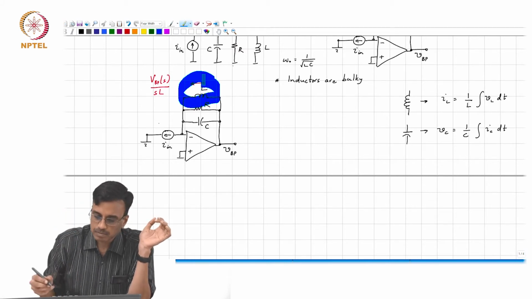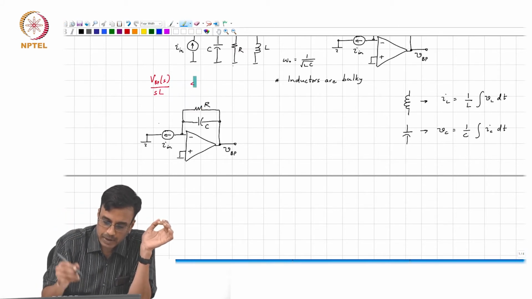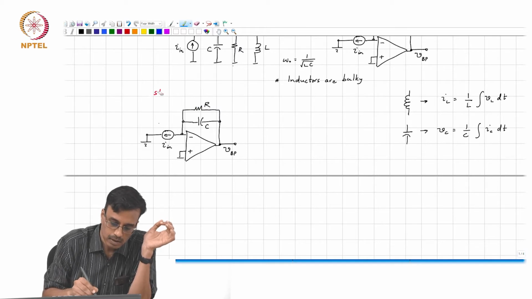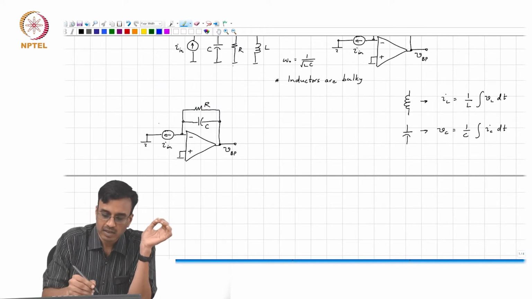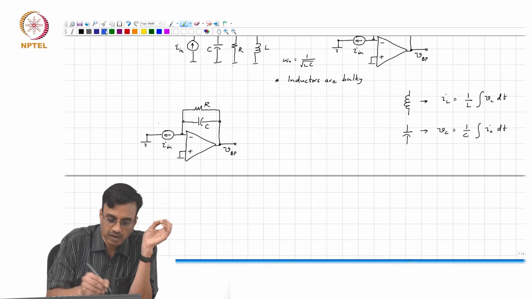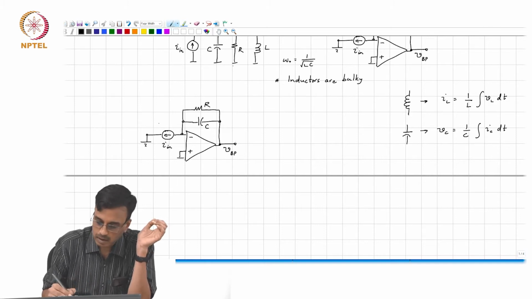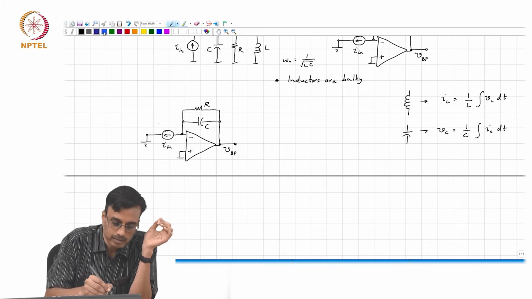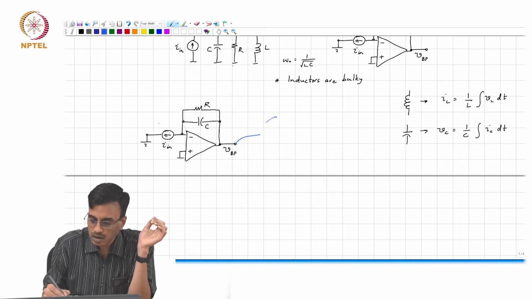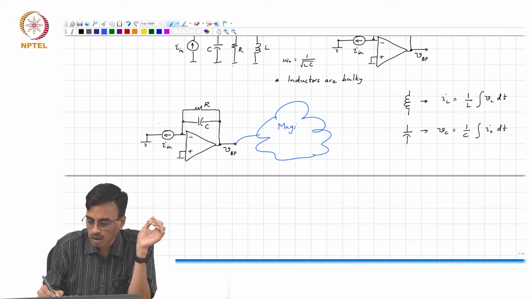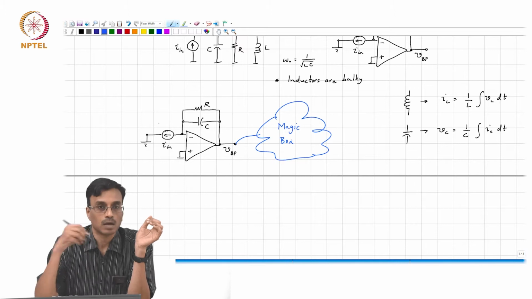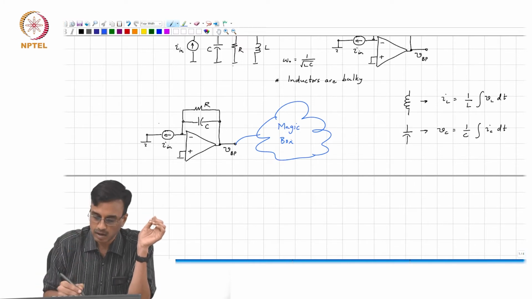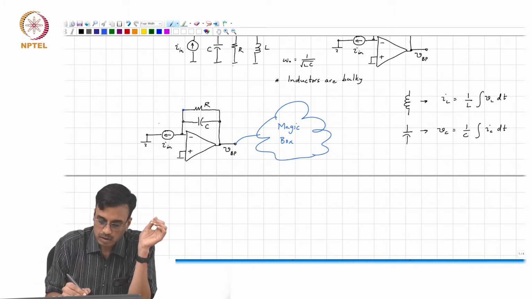So in other words, if we are supposed to get rid of this inductor with basically a black box, a magic box, let's say, its job is to look at VBP, correct? And what should it do?